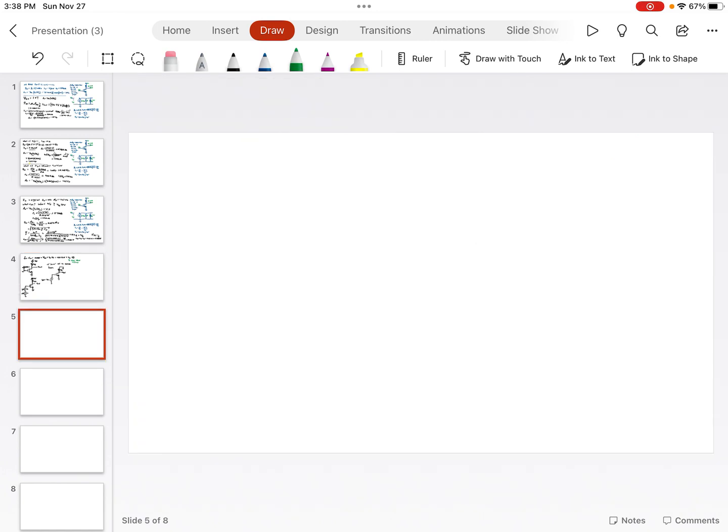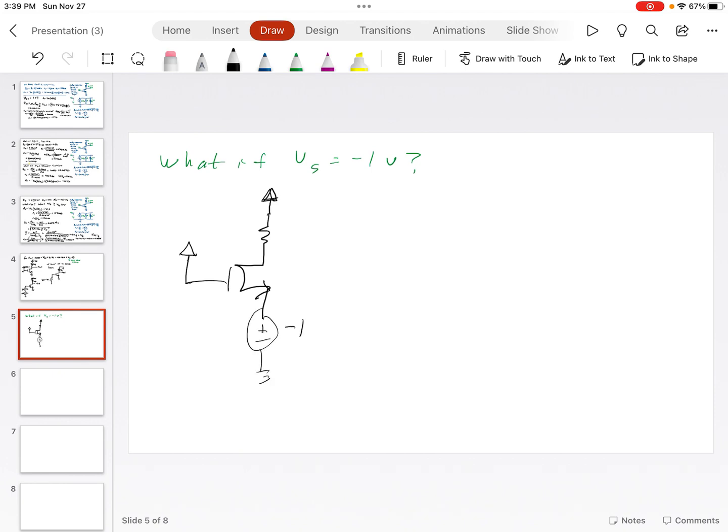What if I said that the source is at minus 1 volt instead of ground? So now what I'm saying is we've got a circuit that looks like this. So what value do we need up on here?